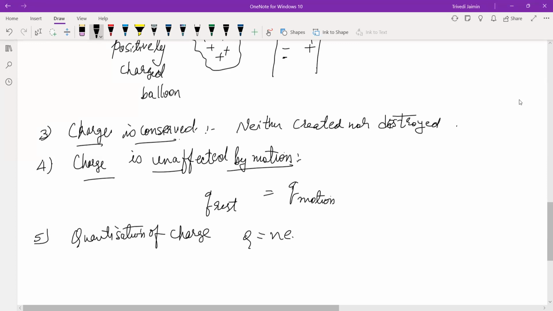And what is the charge of an electron? Can someone tell me? It is 1.6 into 10 to the power minus 19 Coulomb. Very good.